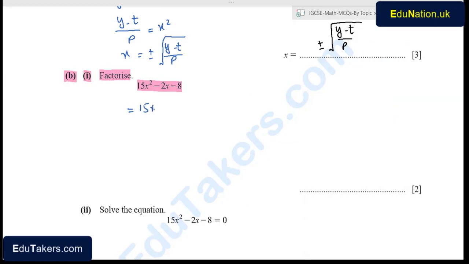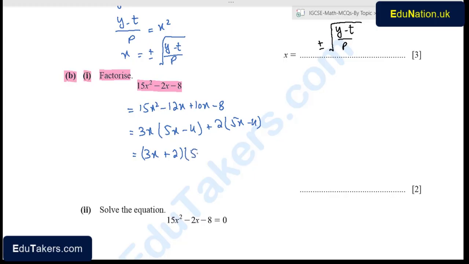So it can be written as −12x + 10x − 8. Taking 3x as common, the remaining terms are 5x − 4, plus taking 2 as common, 5x − 4. This is equal to (3x + 2)(5x − 4).